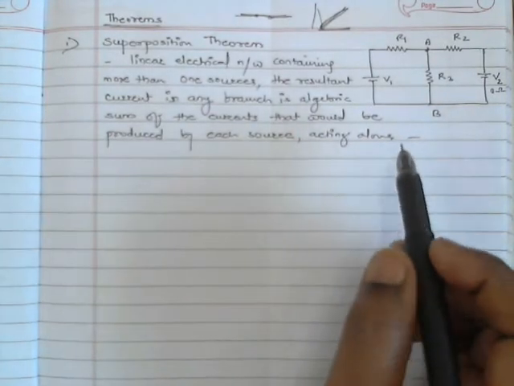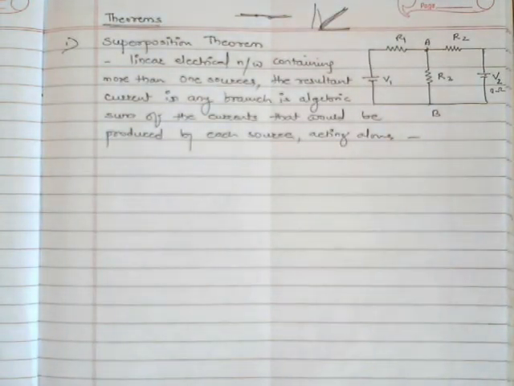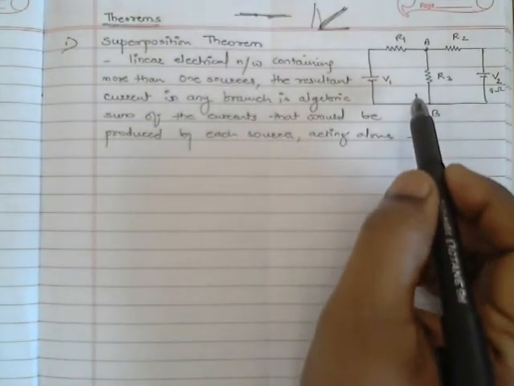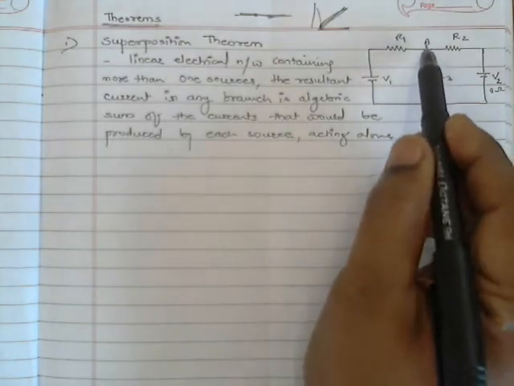Now let's try to solve this example. Okay, this is the example given, and in this example, we are asked to find the current through AB.